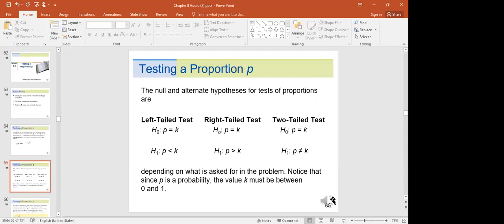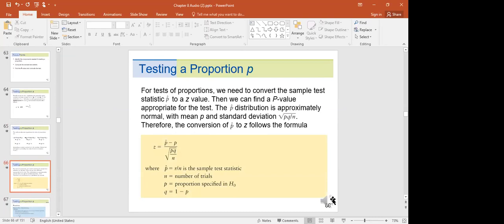Either the proportion P is equal to K for the null hypothesis; for the left tail, P is less than K; for the right tail, P is greater than K; and for a two tail, P is different from K. Recall that the standard deviation of the sampling distribution of sample proportion was the square root of PQ over N. We did this in chapter 7. You don't really need to know the formula because you can use your calculator. So this is how we find the test value.